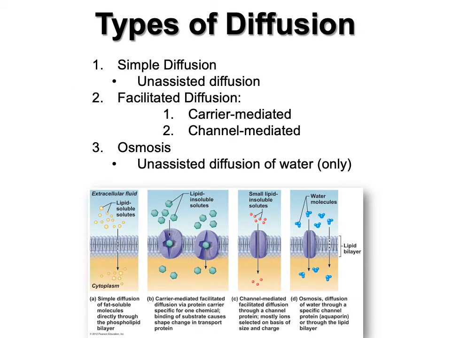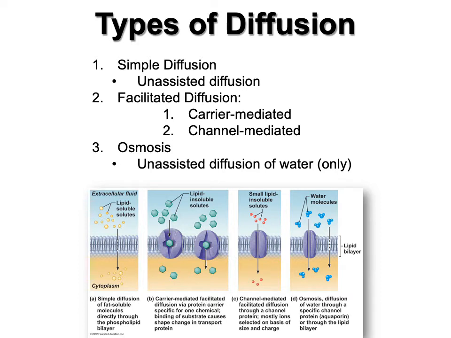Types of diffusion. There are three types of diffusion: simple diffusion, facilitated diffusion, and osmosis. Simple diffusion is exactly how it sounds. Molecules or solutes simply move kinetically, without assistance, through the phospholipid portion of a cell's membrane. Facilitated diffusion, on the other hand, requires assistance of transmembrane proteins interspersed through the cell's plasma membrane.